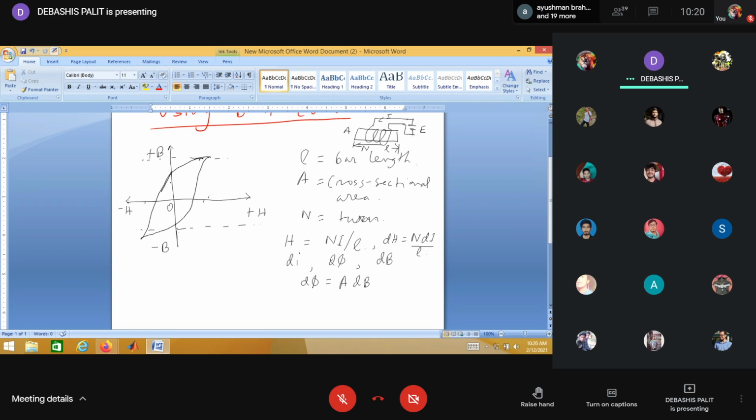So if I consider this, this type of increment of flux density is dB, and the increment of field intensity is dH. This is the increment of field intensity and increment of flux density.